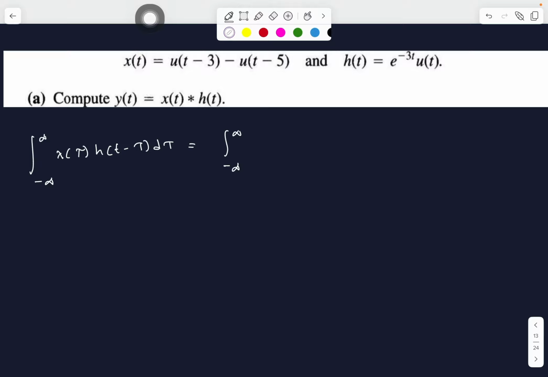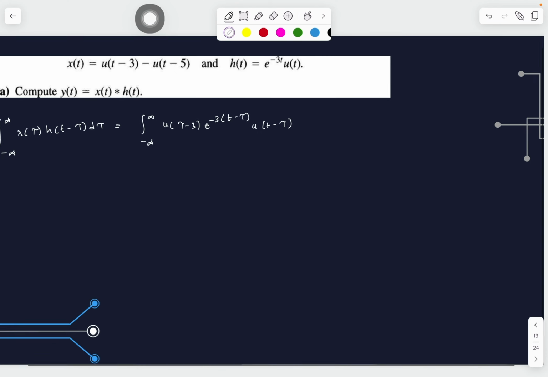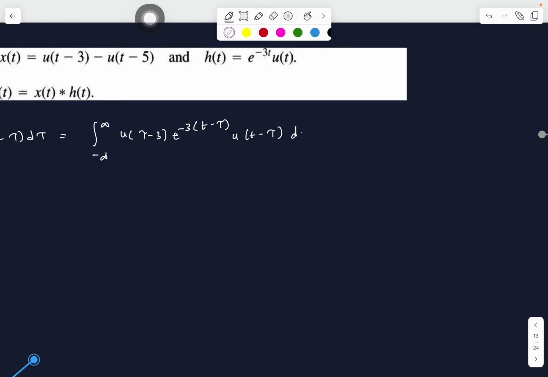So we can straight away expand. So it's going to be u(tau minus 3) e^(-3(t minus tau)) u(t minus tau), that's the first term. And the second term will be minus u(tau minus 5) e^(-3(t minus tau)) u(t minus tau).